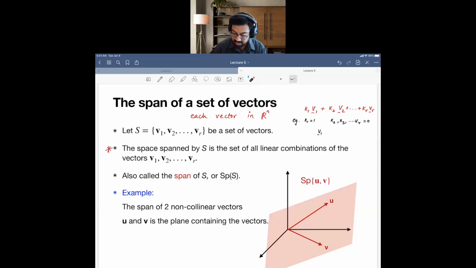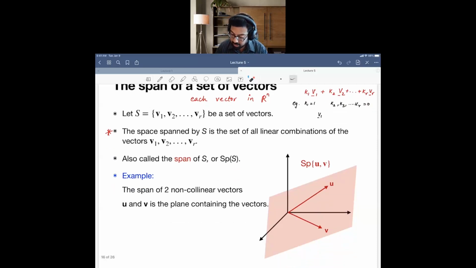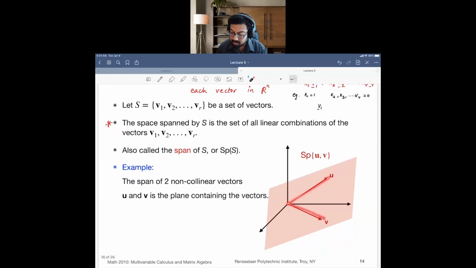So let's take a look at an example over here. We have U and V. These are vectors in R cubed, and they are not collinear. They are going to be in the plane that contains those vectors.